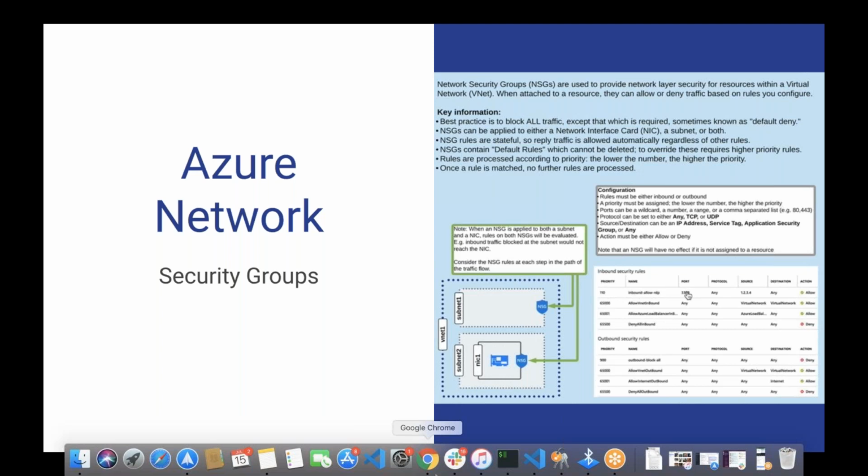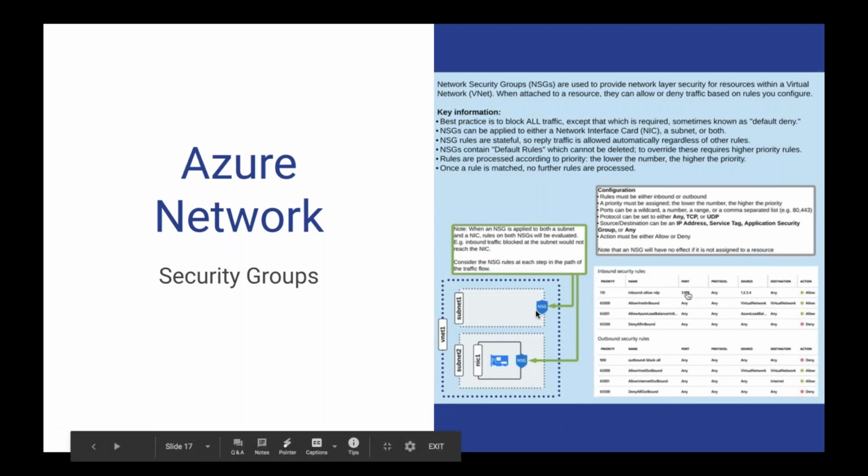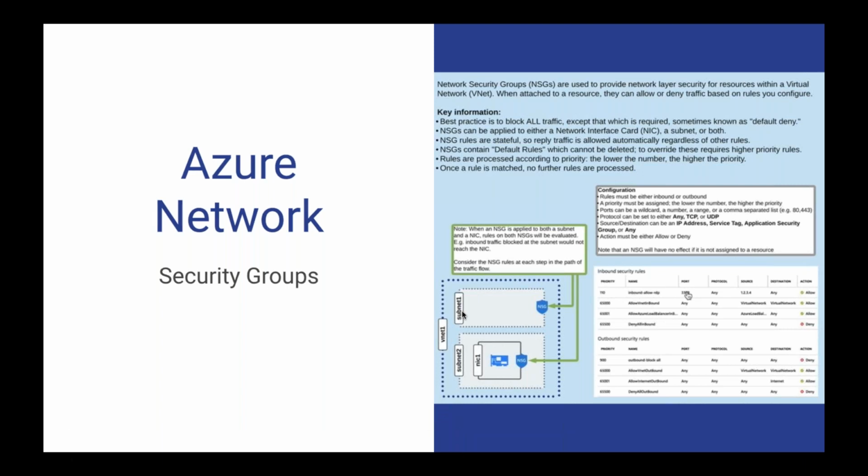I can directly apply a network security group to the whole subnet, or I can apply it to only the network interface card. Both are valid. It's my wish how I want to implement security, and it gives me the freedom of having several different security layers.